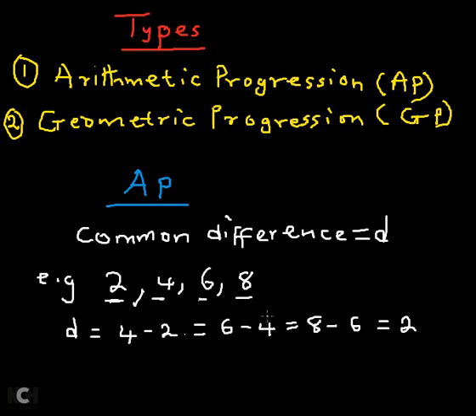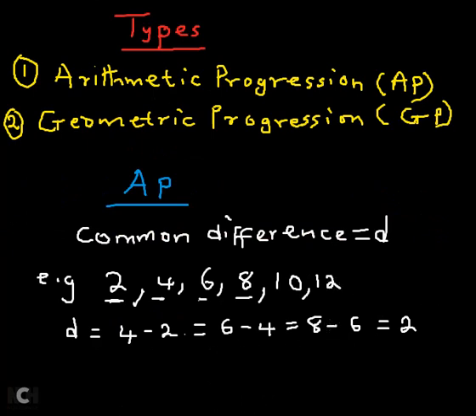So the common difference of this particular progression is 2. Because I know the common difference, I'll be able to predict or get the next term. The next term is 10, the next is 12. So that means I can get a number of them.